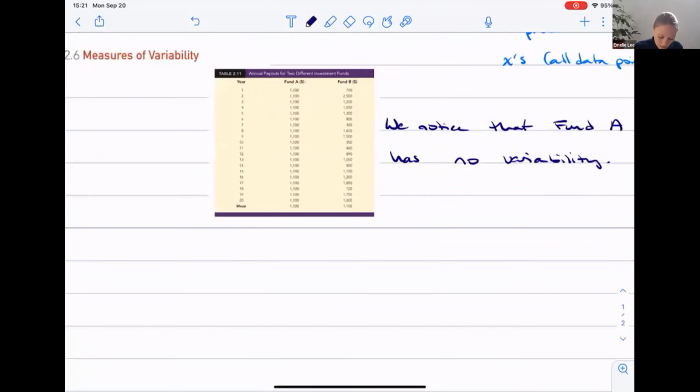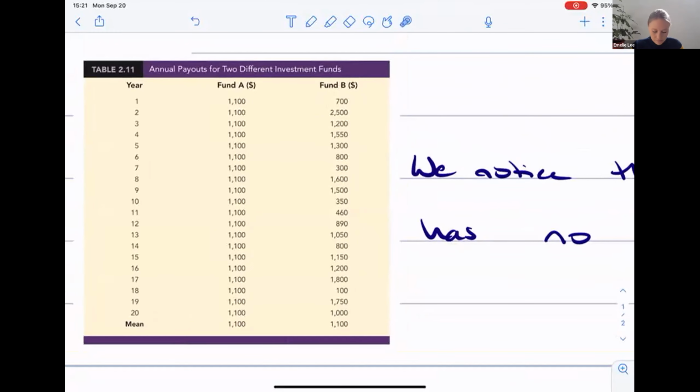Whereas Fund B has quite a bit of variability, especially compared to Fund A. Okay, and so that's what makes Fund A a safer choice, right? Fund B is maybe more fun to invest in if you like having ulcers, it's down, it's up again, but less. It's still up, but you wanted it up higher, right? And so you've got this kind of roller coaster ride, right?